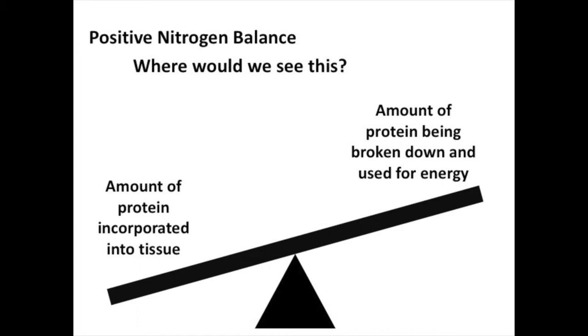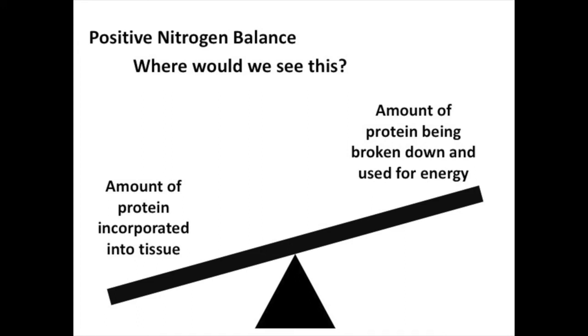So during periods of very rapid growth, we would see this. So during growth spurts in childhood, during puberty, and during pregnancy, your body is going to be making way more proteins and incorporating it into the tissue because you are physically getting bigger than it is breaking that protein down and using it for energy.